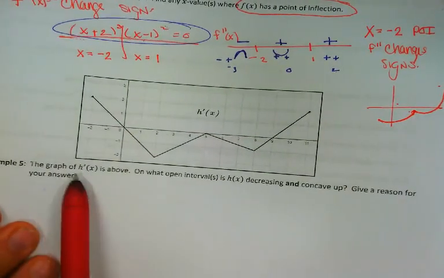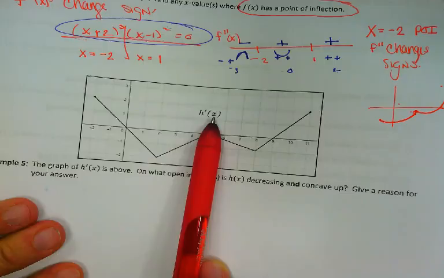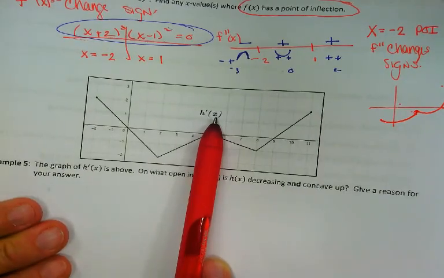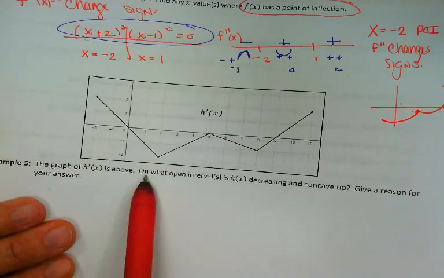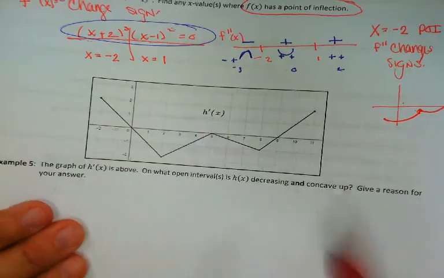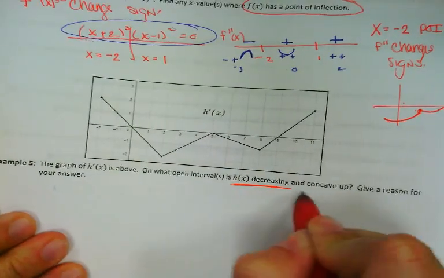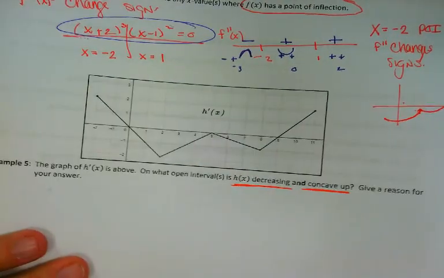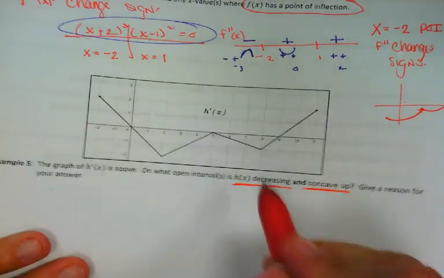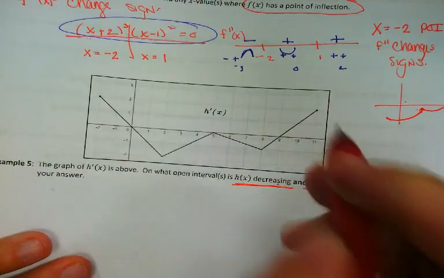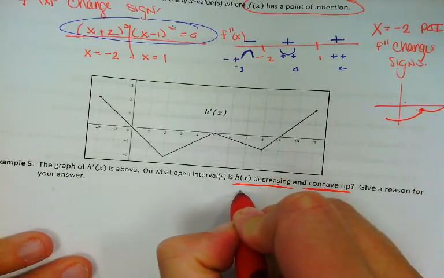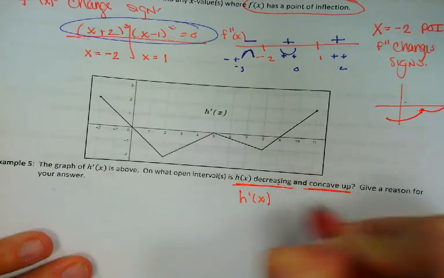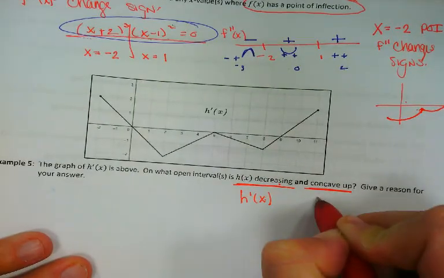All right, the graph of H prime. So you're staring at the what derivative? First. On what open intervals is H of X decreasing and concave up? So when they say decreasing, your brain is saying, look at who? H prime of X. When we hear decreasing, who are we looking at?